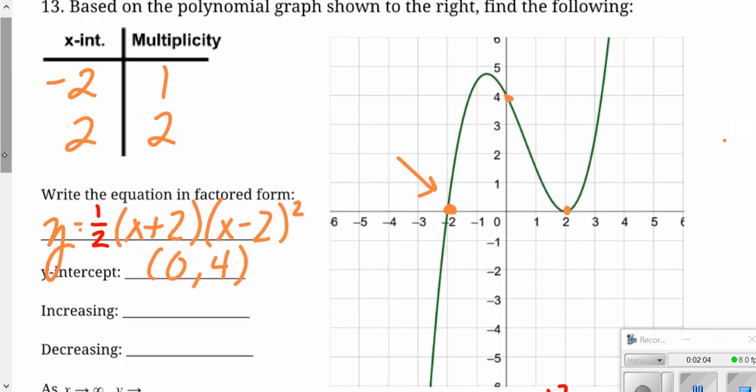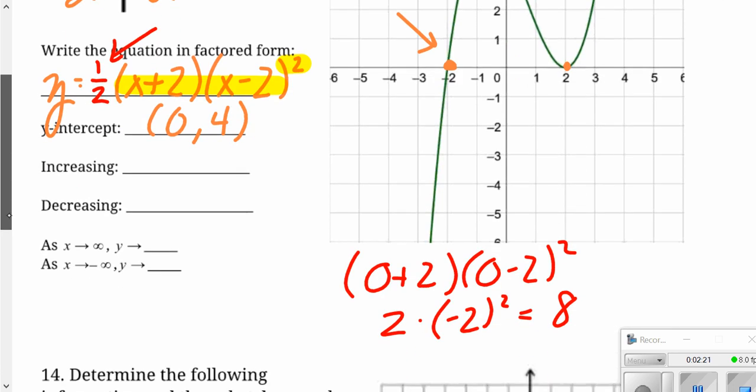And I can see 0, 8 is not on this graph. 0, 4 is on this graph. So there has to be a multiplier of 1/2 in reality. Okay? Now, I wouldn't super worry about that, right? It's most important that you guys get these factors with the appropriate multiplicity written down.